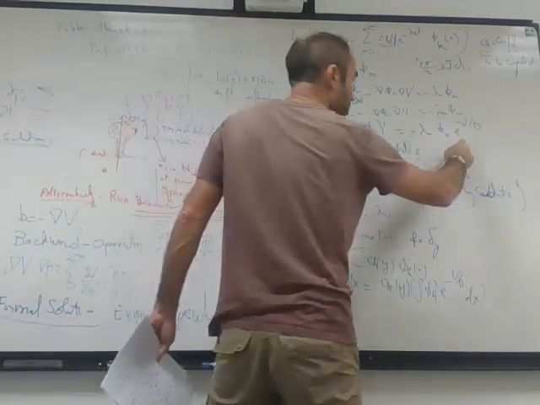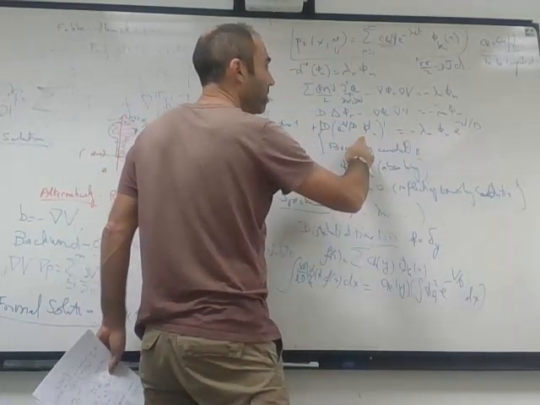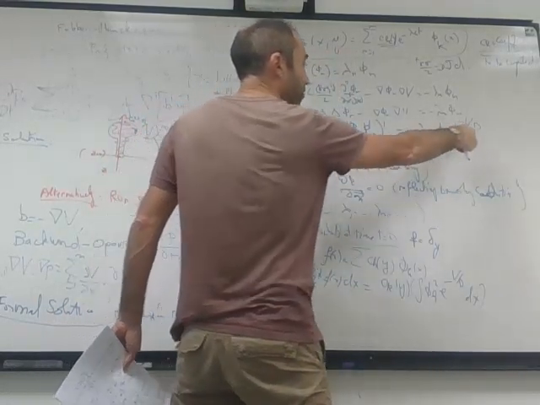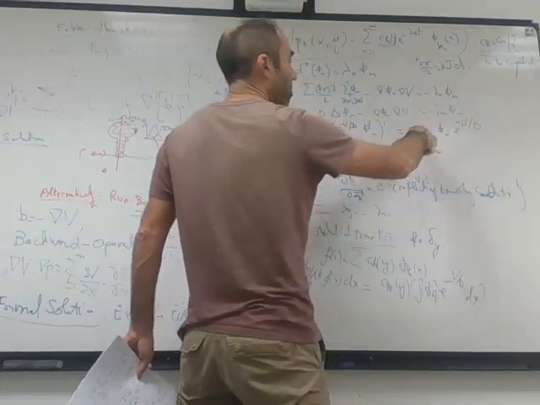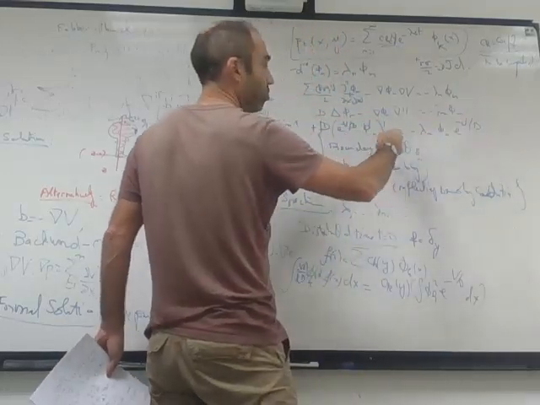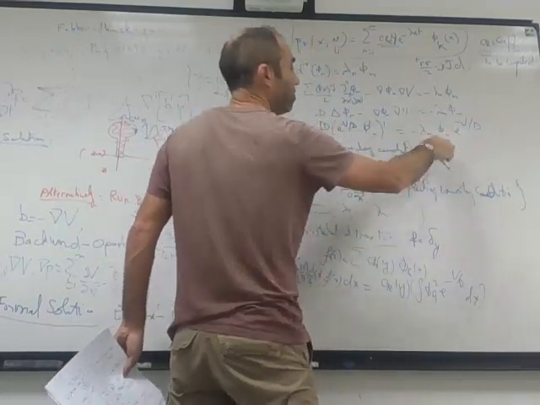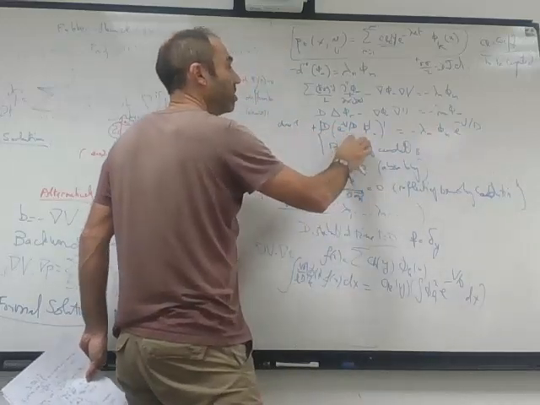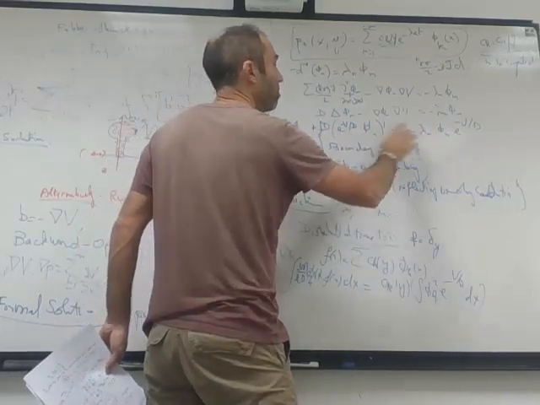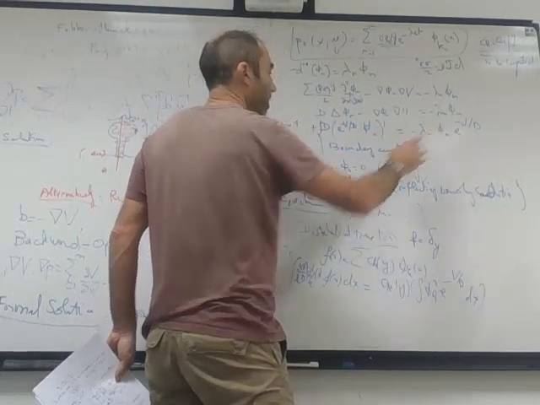To understand this, for example, if you multiply this by phi n and you integrate, you get the relation between lambda n and the phi n.